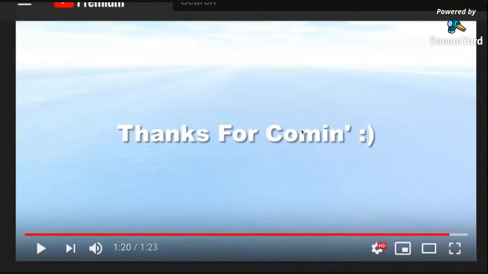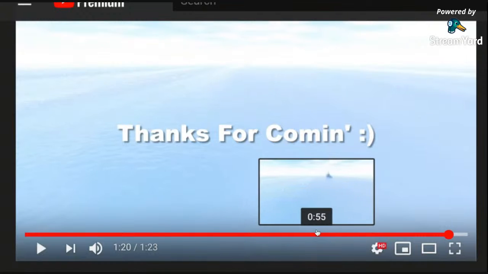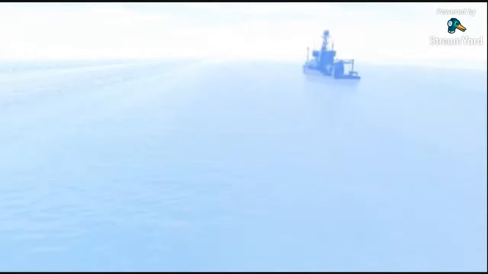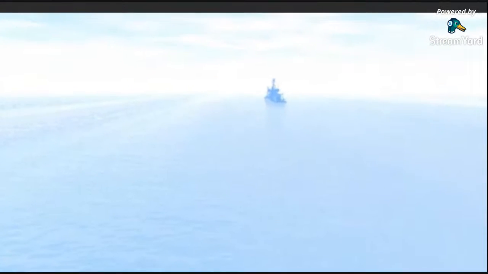Thanks for coming. Let's play it again. This time, zooming into this region. Okay? Let's play, and I'm going to zoom in. That's as much as I can zoom in. Let's watch the ship. Let's see if the top goes first or the bottom or the sides.